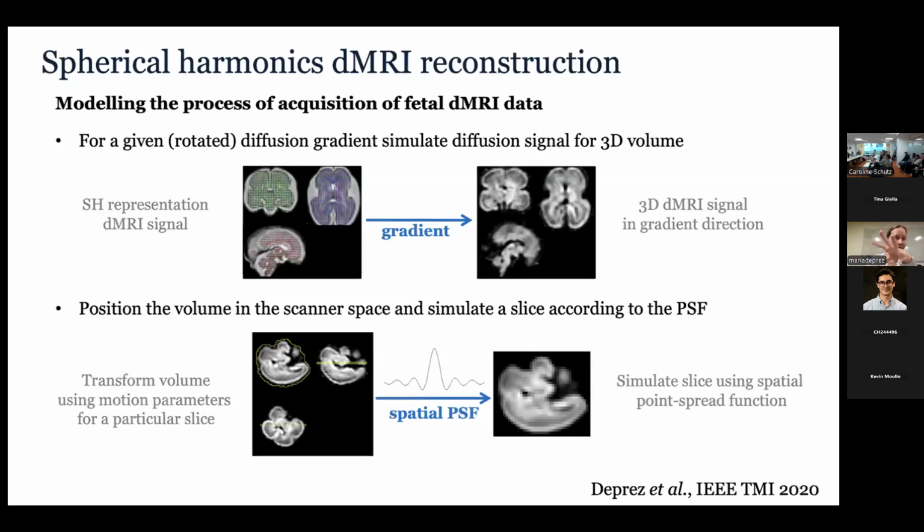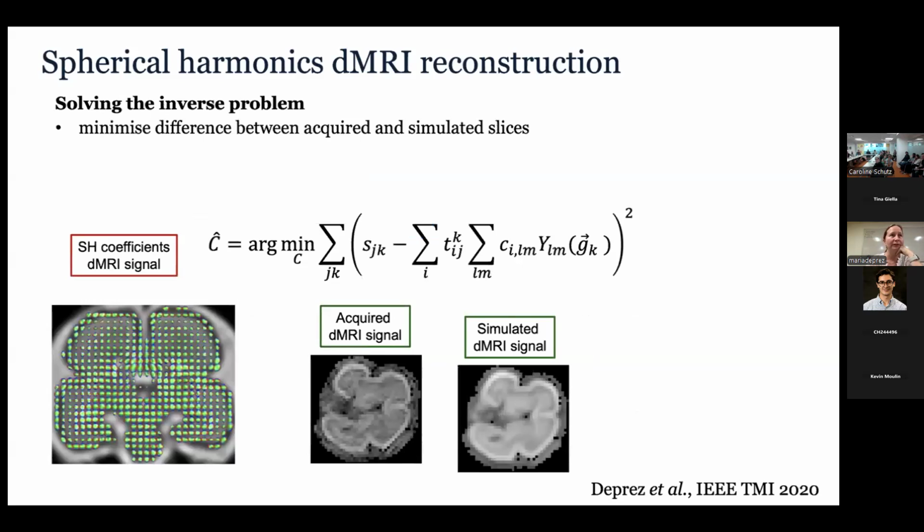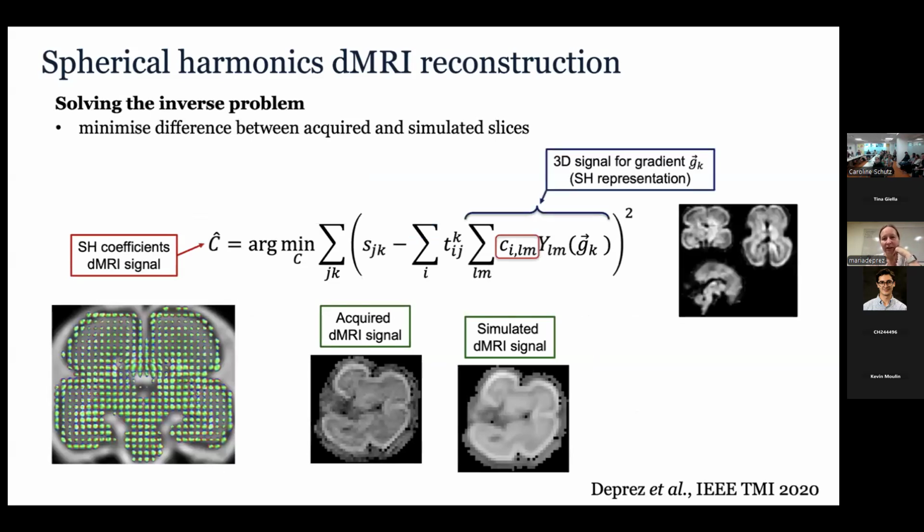So once you break it down like this, with the forward model as a step, then reconstruction becomes just the same thing, just the equation is a little more complicated, but you get the same type of thing as we had before. These are the spherical harmonic coefficients. Then this is the 3D signal for particular gradients.